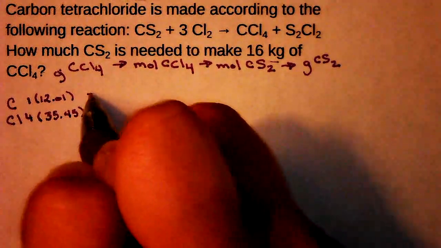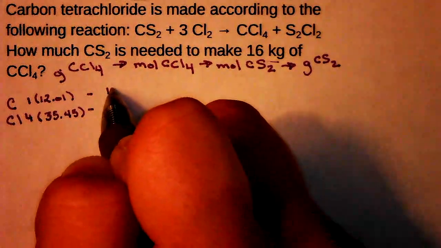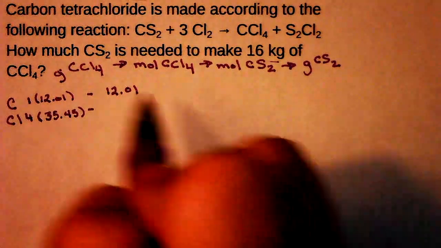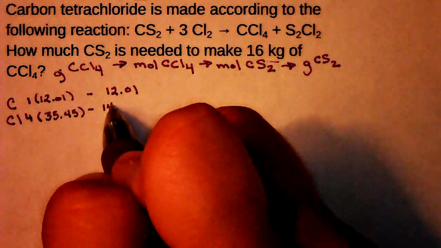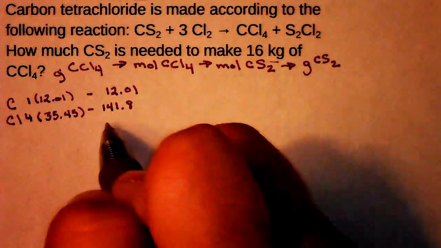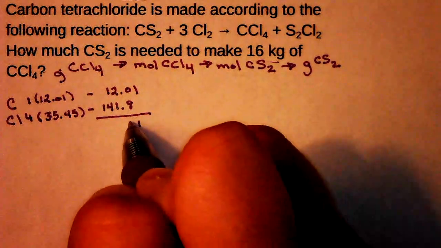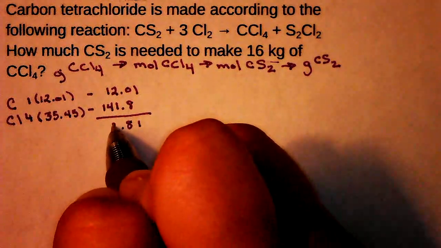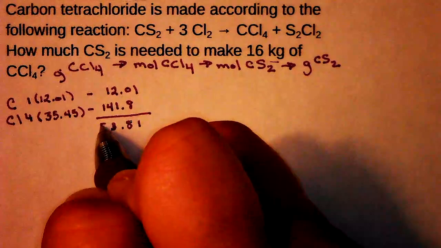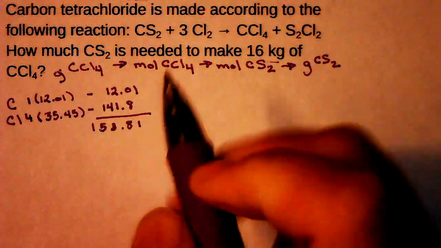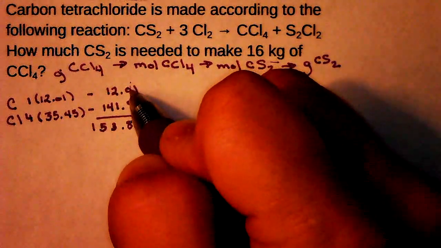When we multiply those out, well, the math on 12.01 isn't that hard. We get 141.8 on the chlorine. We add those together, and that gives us 153.81 AMU.